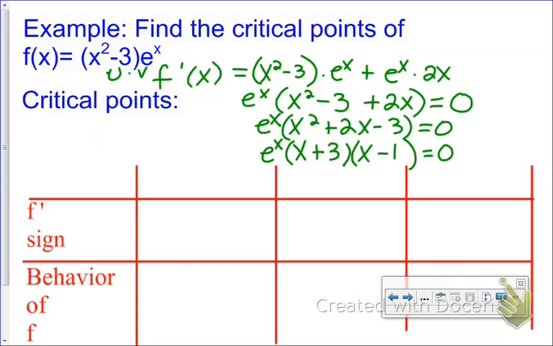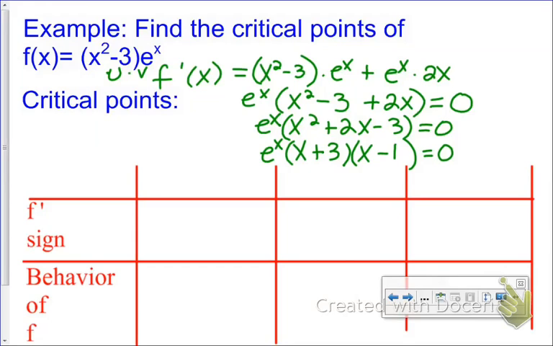If I put in a 1, e to the first is e, not 0. So what value of x gives me a 0? Can you find anything? You shouldn't be able to find anything, because does e to the x ever hit 0? No. e to the x never equals 0.